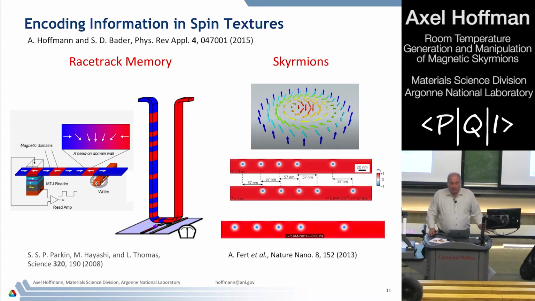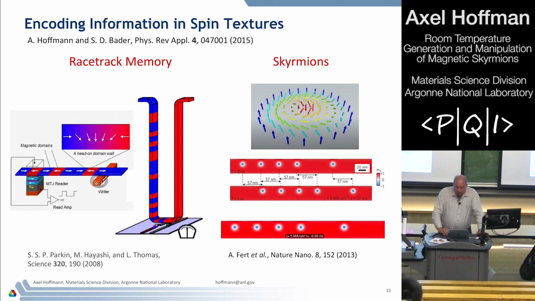You might be able to move them with very small currents, but as you'll see later, that is probably less of an advantage, because if you use low currents, they also move very slowly. So if you want a fast device, that doesn't matter that much. But I think what is more interesting is, being this localized spin texture, you can imagine to move them in 2 dimensions easily, and you can start thinking of more complex devices beyond just memories. Maybe you can do some logic operations that way.